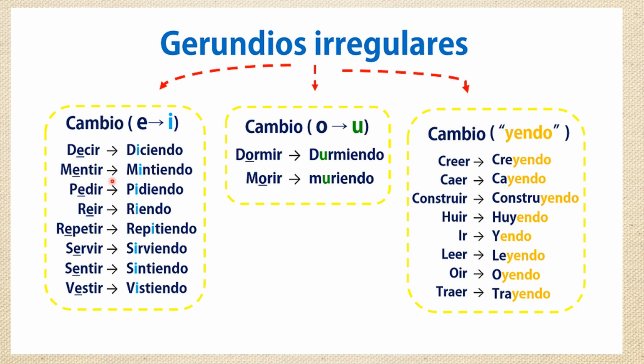Mentir, where E is changing into I, and the verb becomes mintiendo. Pedir becomes pidiendo. Reír becomes riendo.